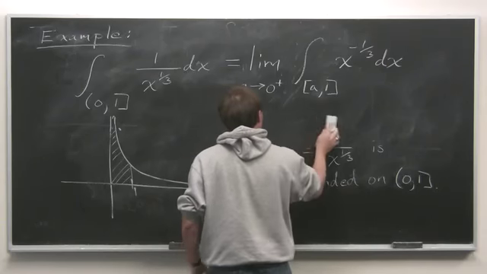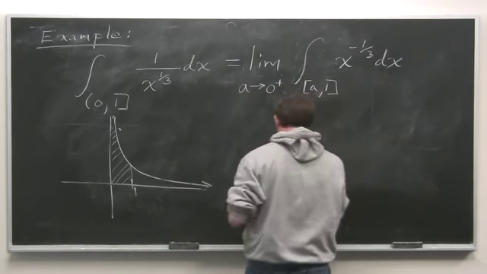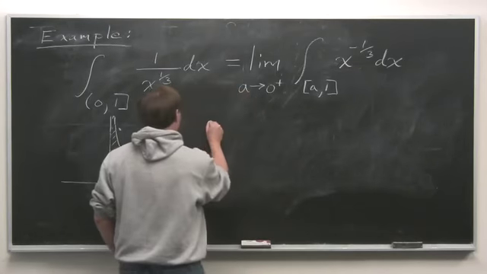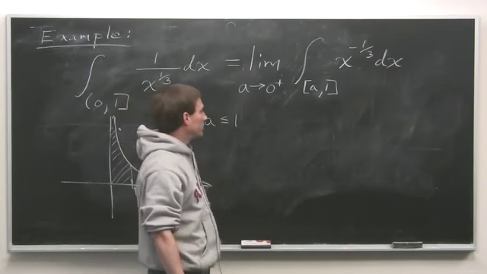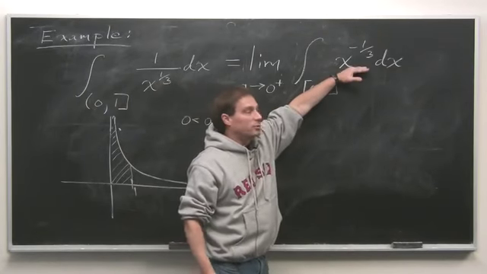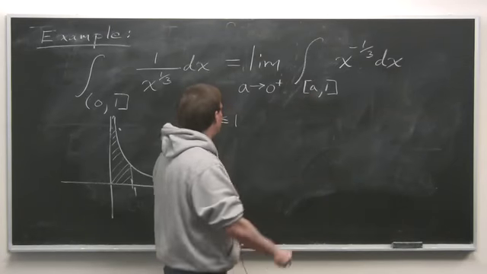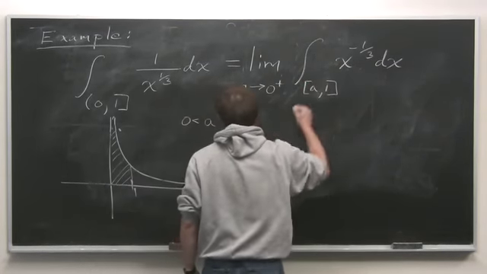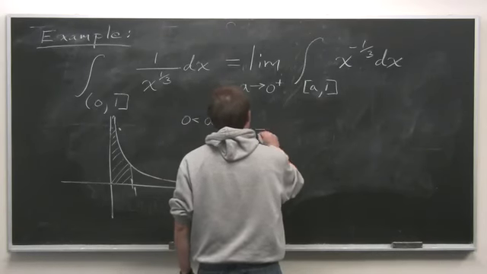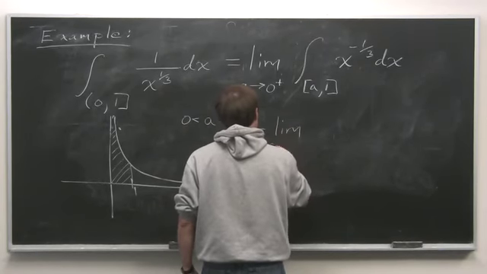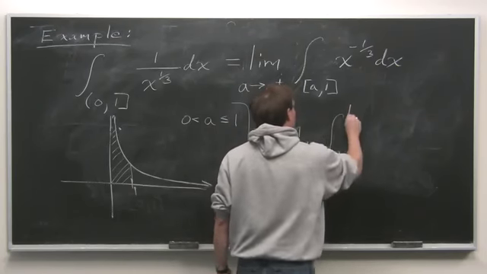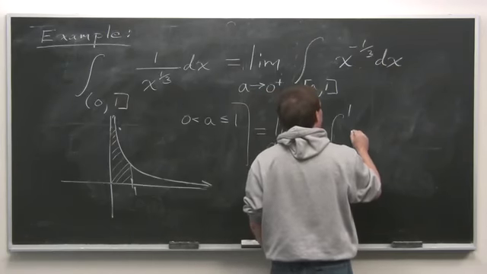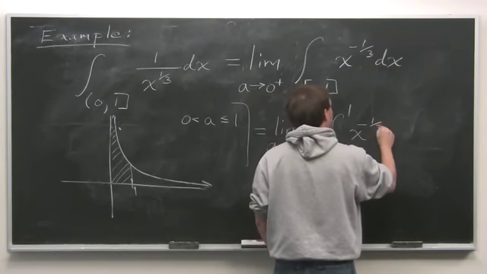This is just your standard Riemann integral because we're using a's that are less than or equal to 1 and greater than 0. This is continuous. This is a closed interval. This is Riemann integrable. So this is just the limit as a approaches 0 from the right of, in the standard notation, the integral from a to 1 of x to the minus 1/3 dx.